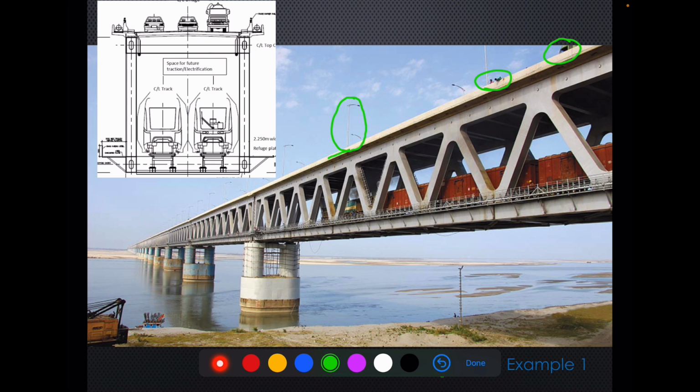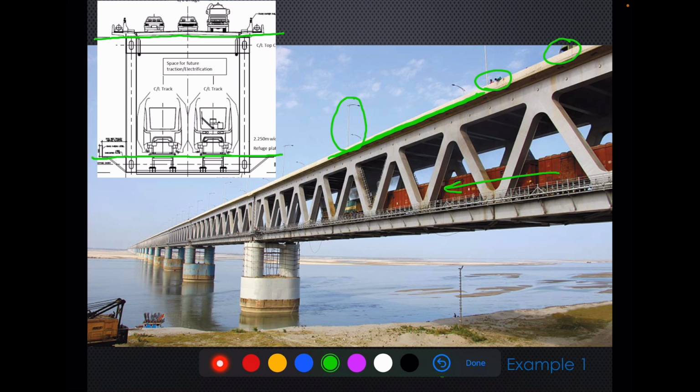So road system has been provided on top and railway system has been provided at the bottom tier. This is clear from this section where a road system is provided at the top and train system is provided at the bottom.